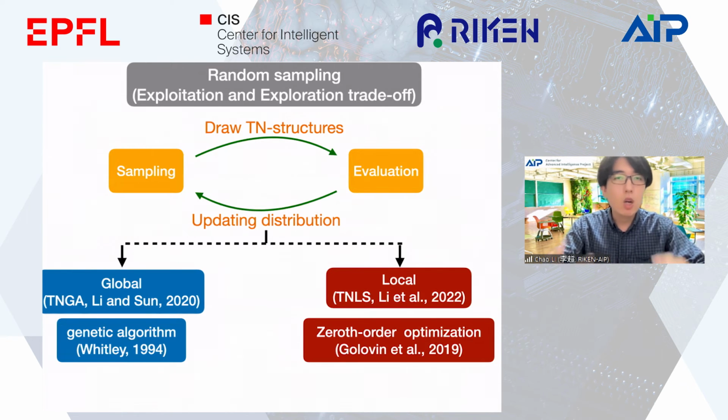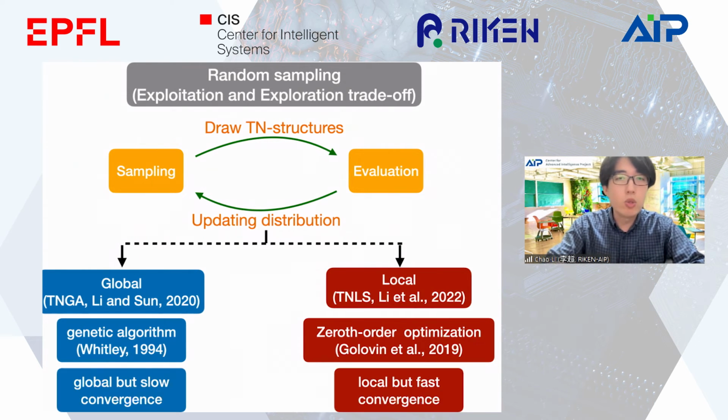It means that we use the samples from the neighborhood to estimate the steepest descent direction to update the sampling distribution. And the two different sampling tricks have their own advantages and disadvantages. It's difficult to say which trick is better because it's just a different balance between exploration and exploitation.